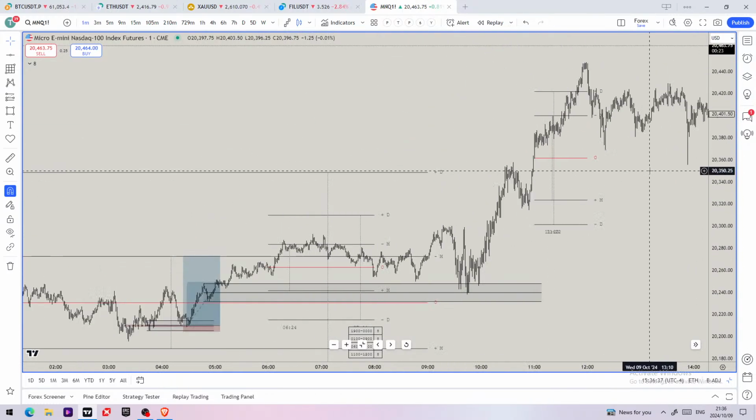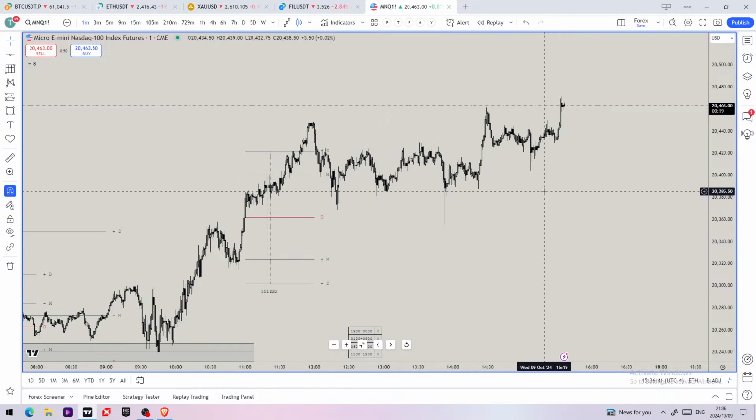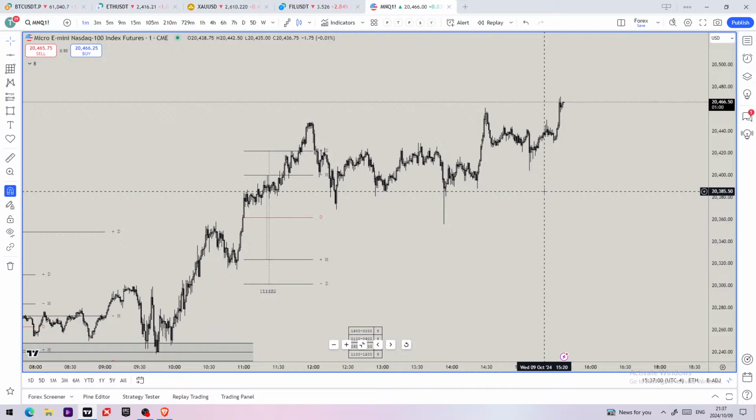So this is what I was getting at when I told you guys the future of your trading is going to rely heavily or favor you heavily once you find a statistical edge, whatever that edge may be.